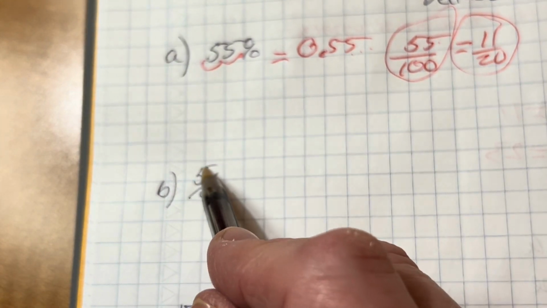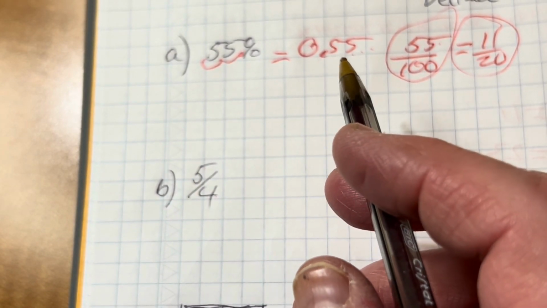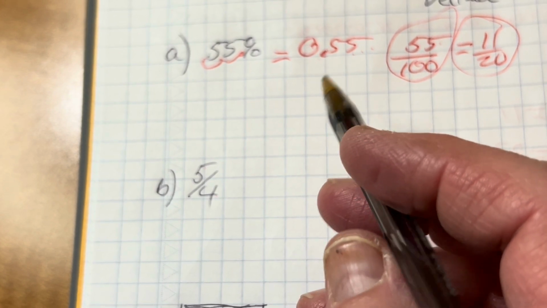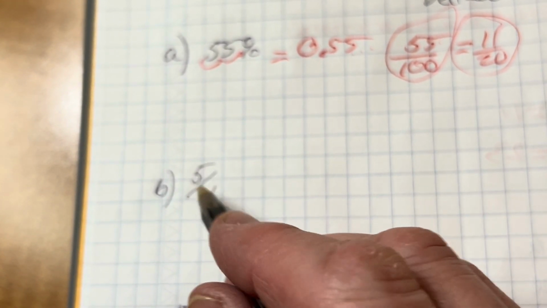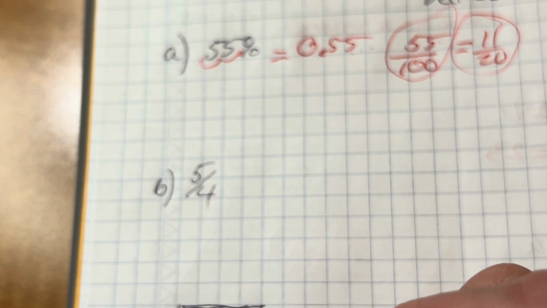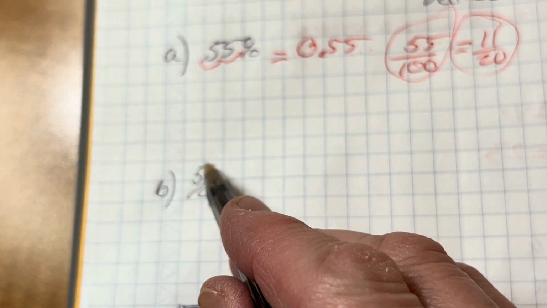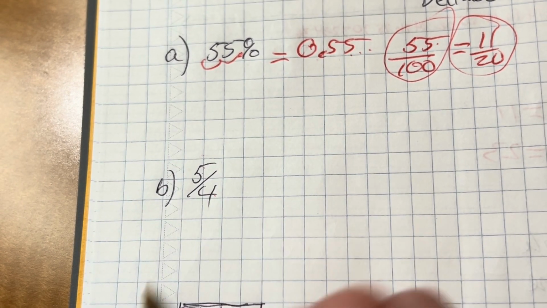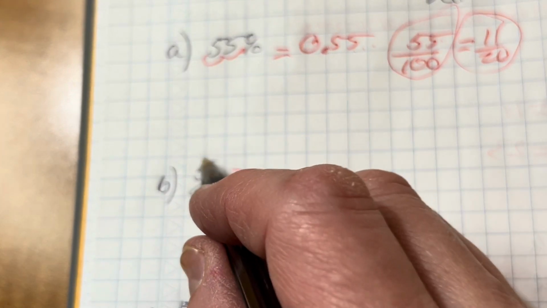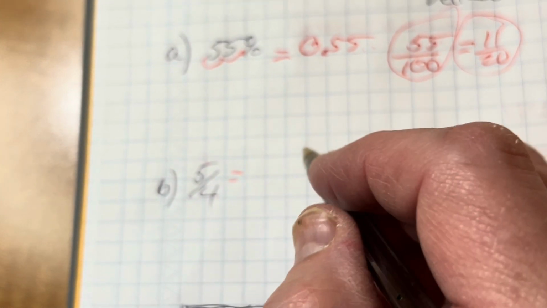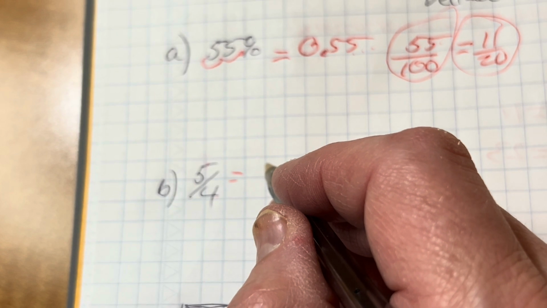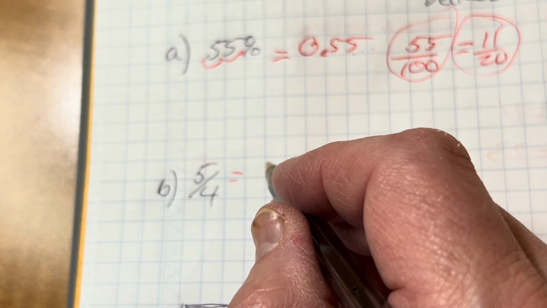All right. Now, if I have this fraction, 5 fourths, how do I write that as a decimal? Well, it's going to be more than 1 because I see that the 5 is larger than the denominator. So when I write this as a decimal, I'm simply doing some division.